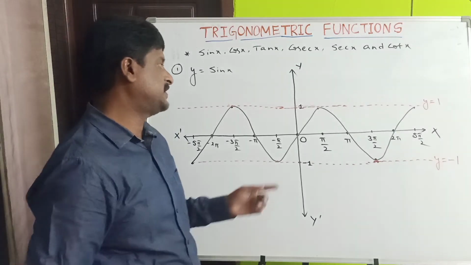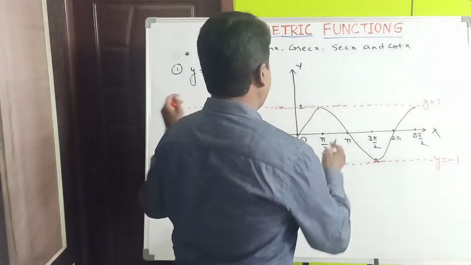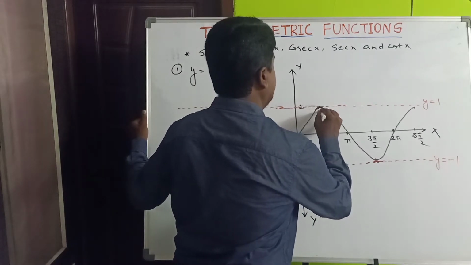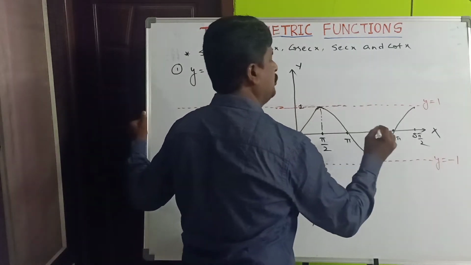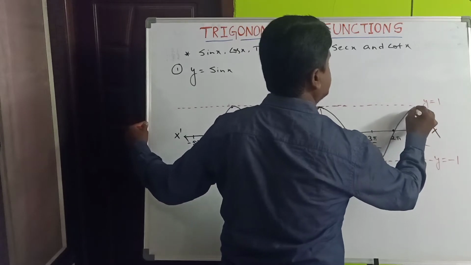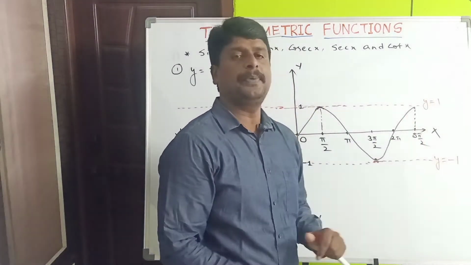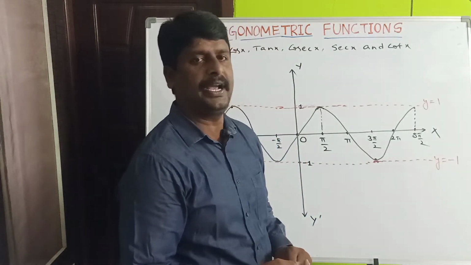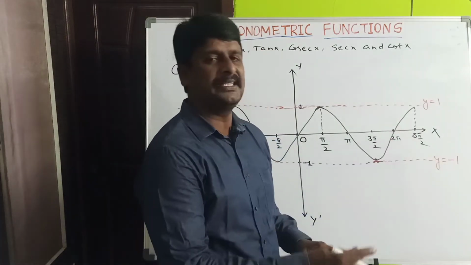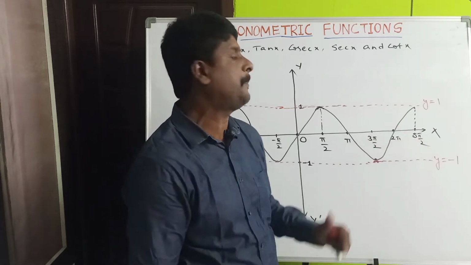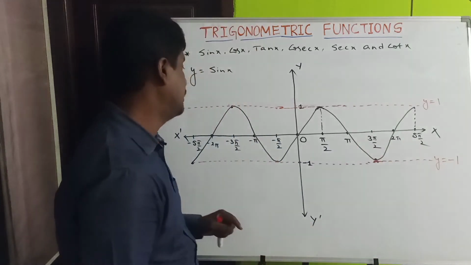Also observe that the graph touches the y equals 1 line at pi by 2, and again at 5 pi by 2. The difference between pi by 2 and 5 pi by 2 is 2 pi. Again, when 2 pi is added to 5 pi by 2, the graph of sin x will touch the upper boundary y equals 1.